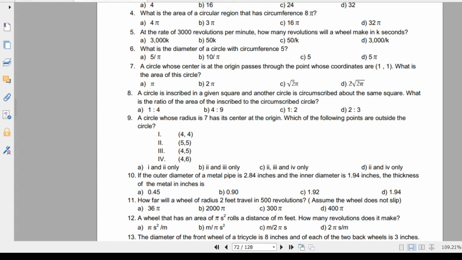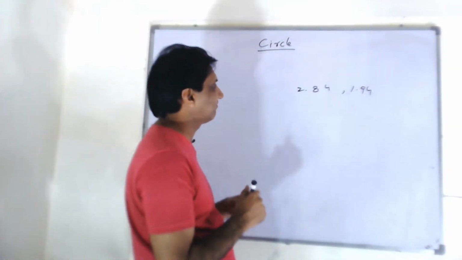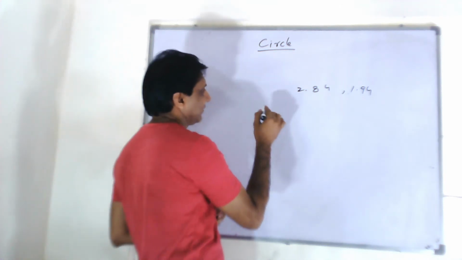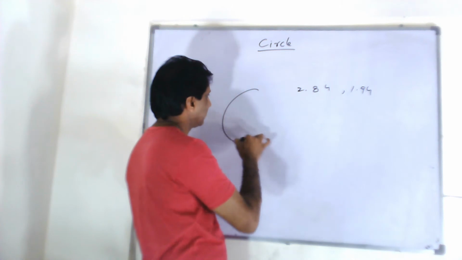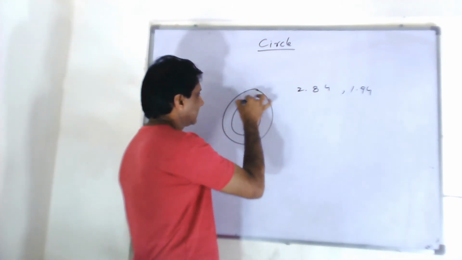Question 10. If the outer diameter of a metal pipe is 2.84 inches and the inner diameter is 1.94 inches, the thickness of the metal in inches is. Usually students just subtract them, this and this.